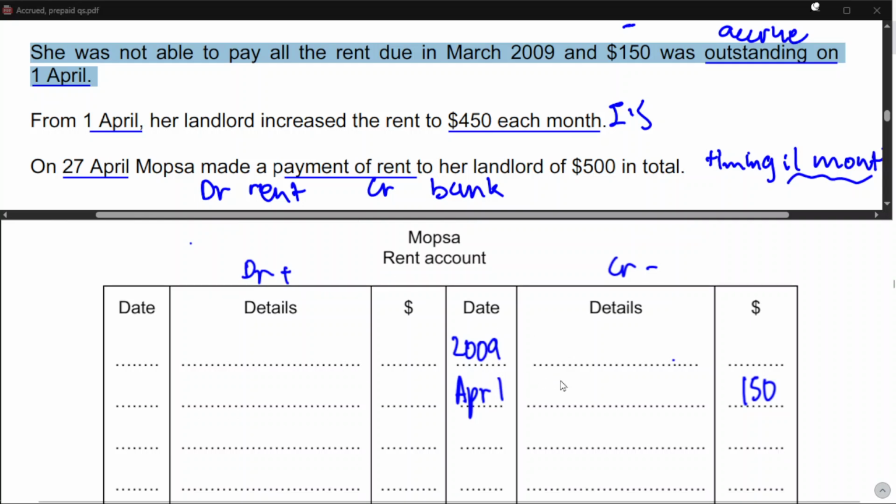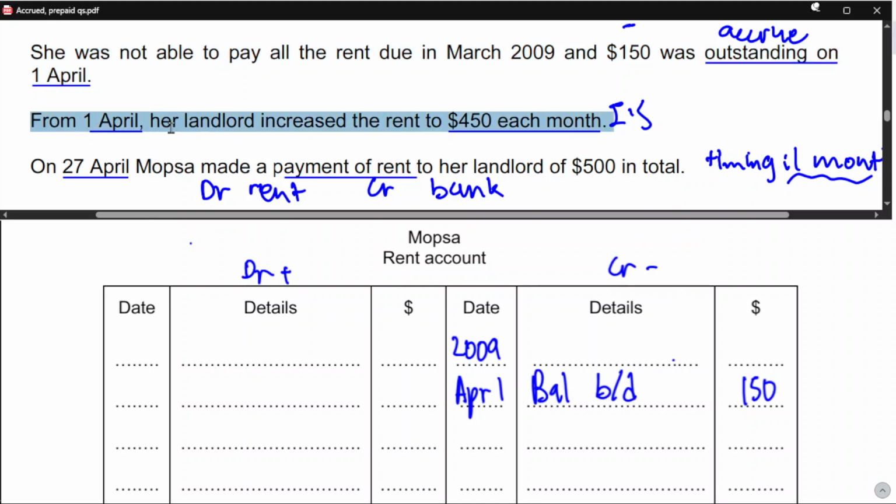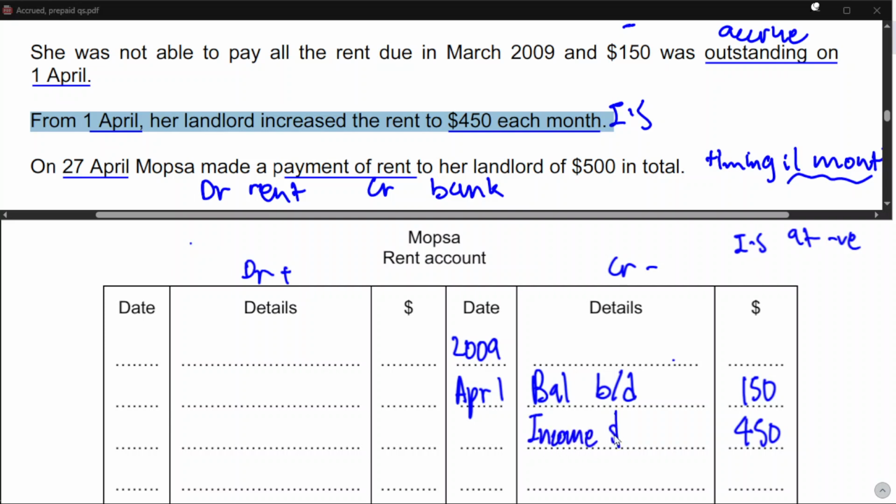Okay, this one is balance BD. Then the second line is here, income statement 450, so minus, income statement IS at negative, so minus 450. So this one for income statement.